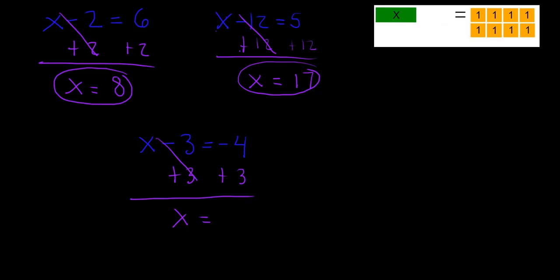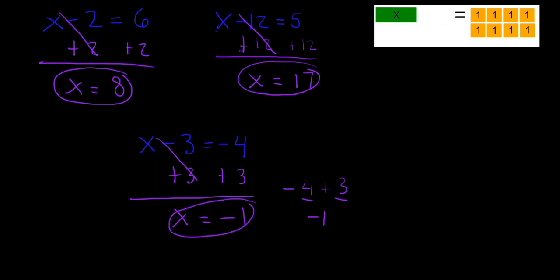Negative 4 plus 3. Let's see. Negative 4 plus 3. I see that the signs are different, so I know I have to subtract. So 4 minus 3 is 1. It's going to be a negative 1 because the absolute value of 4 is bigger than the absolute value of 3. So my answer is going to be negative 1.